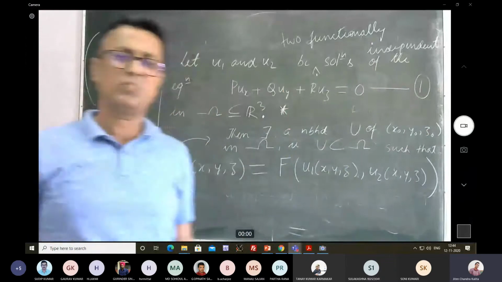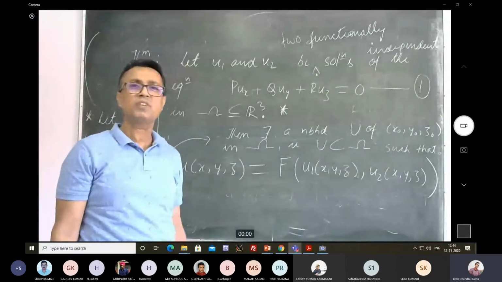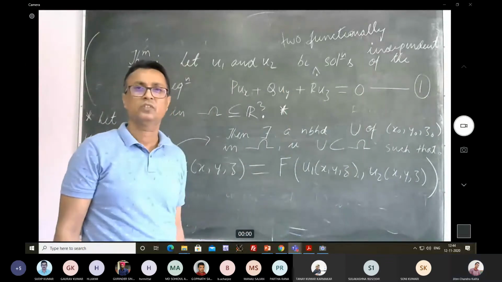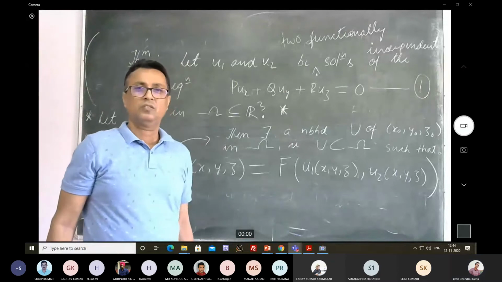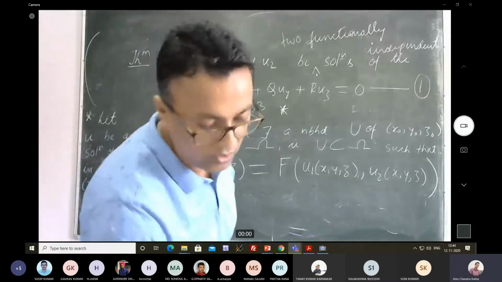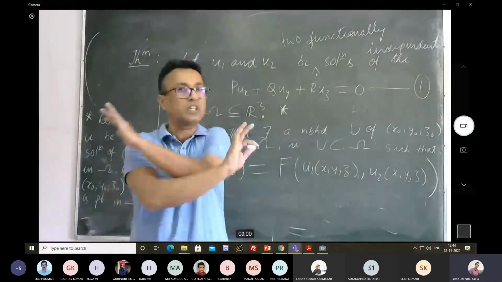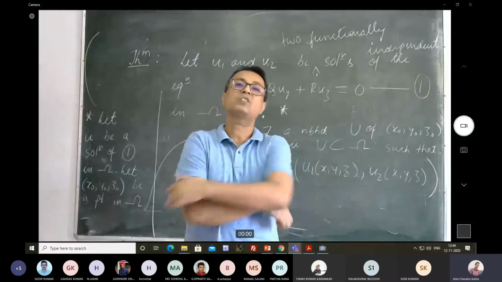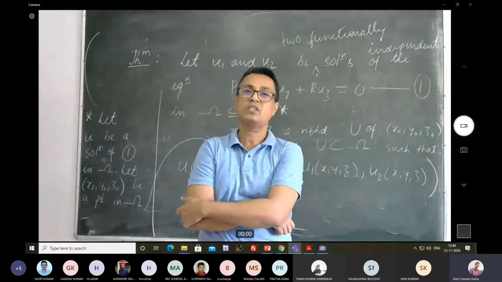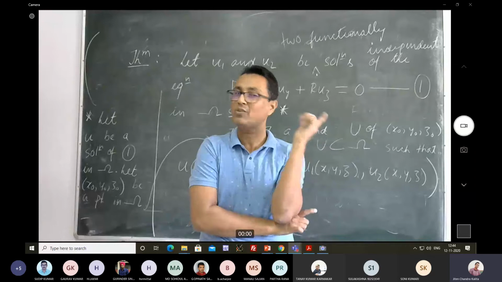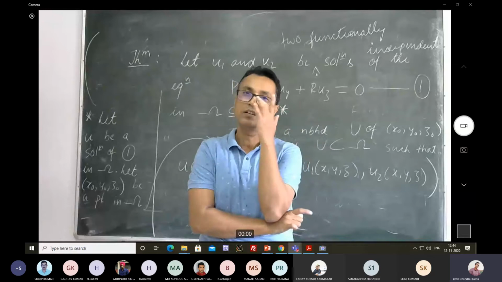Have you been able to appreciate the difference between the previous theorem and this theorem? Let me forget about U1 and U2. What is being told is that you are given an equation given by 1. You have a solution.